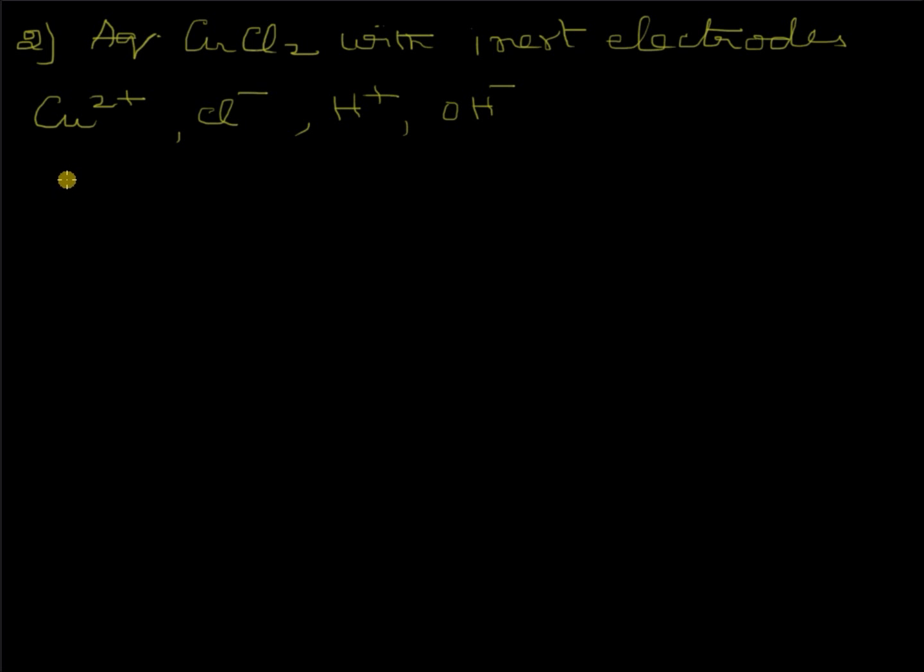Now when I say H+ ion moving to the cathode and getting reduced, it would be more correct to consider water as a whole getting reduced at the cathode, because the concentration of H+ ions and OH- ions as it is in water is very low. Let us write the equations for the two reductions at cathode. Cu2+ aqueous plus 2 electrons giving Cu solid.